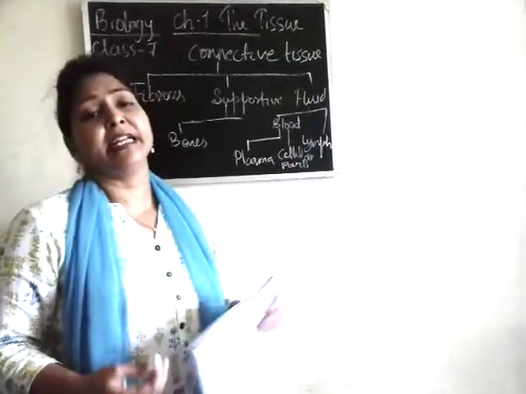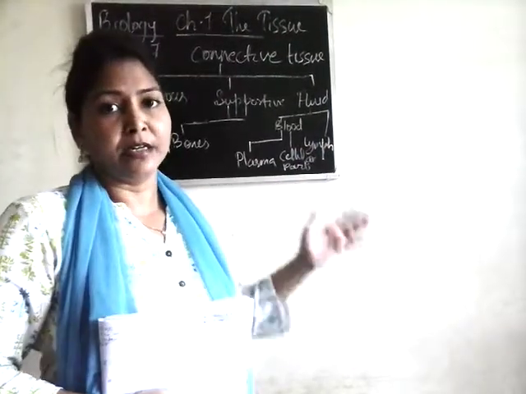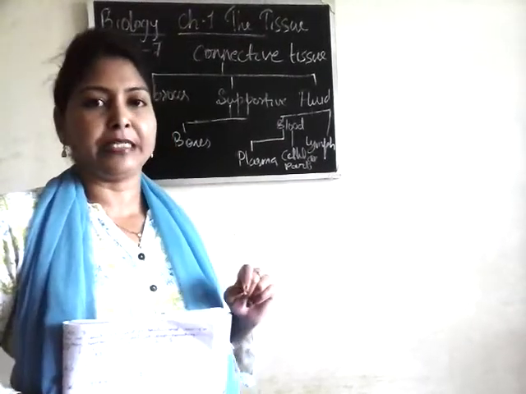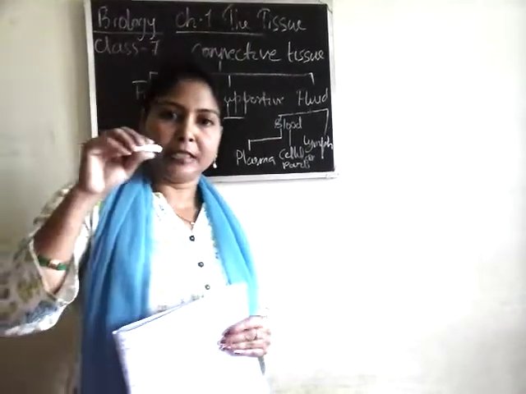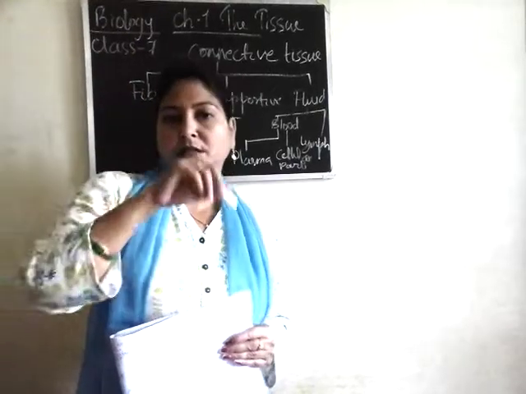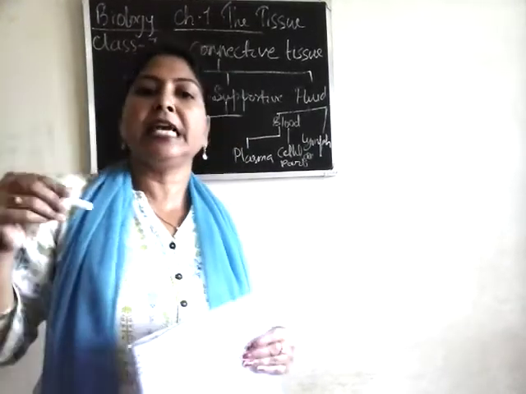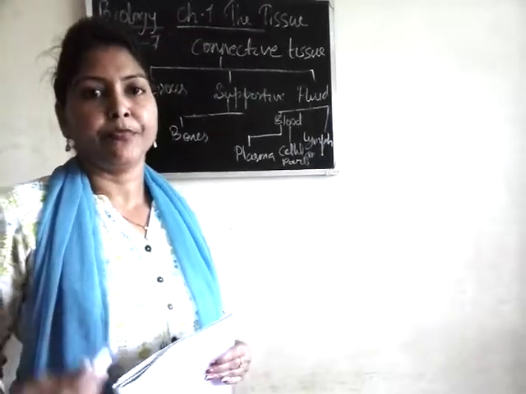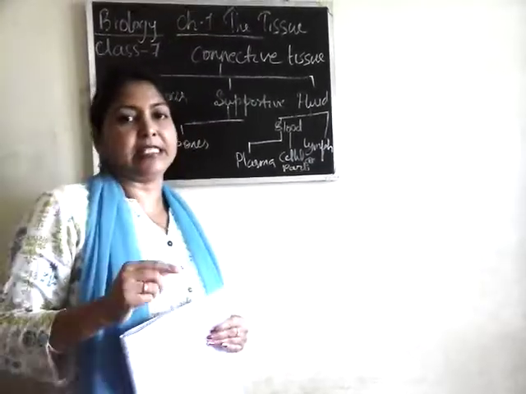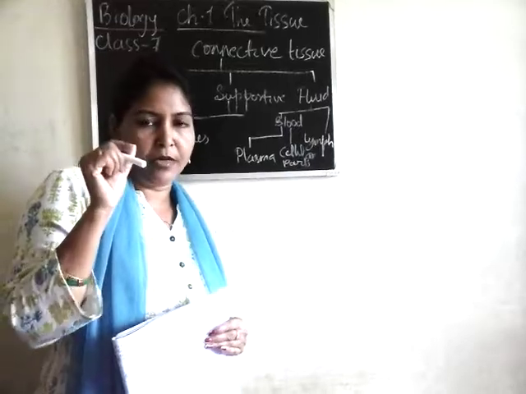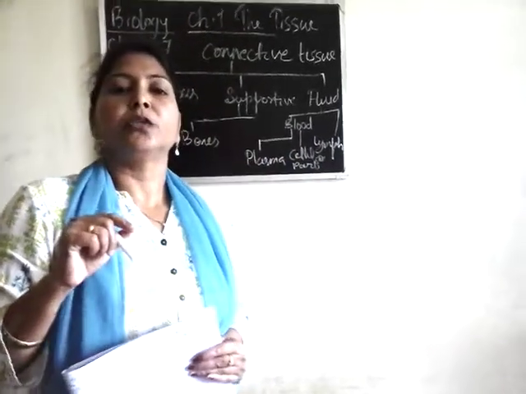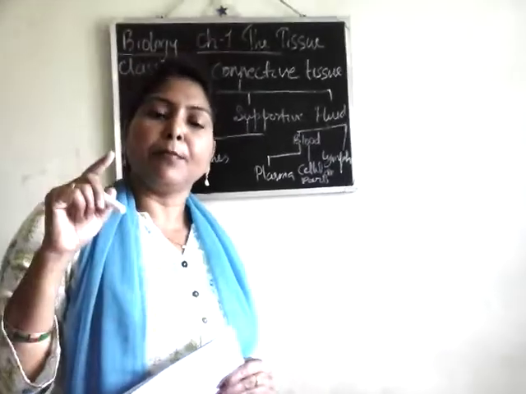Then we move to the next part of fluid, that is lymph. Where is lymph present? Lymph is present in the surrounding of the cells in our whole body. In the surrounding of the cells, this kind of fluid is present, which is lymph. This lymph is again made up of two things.